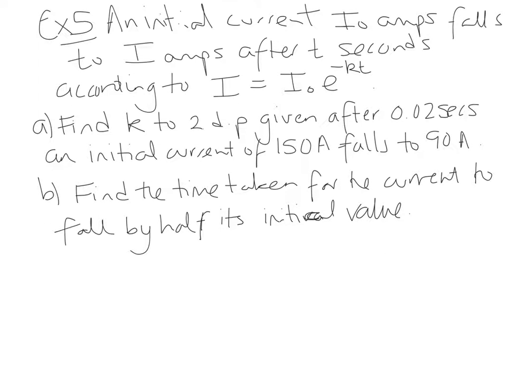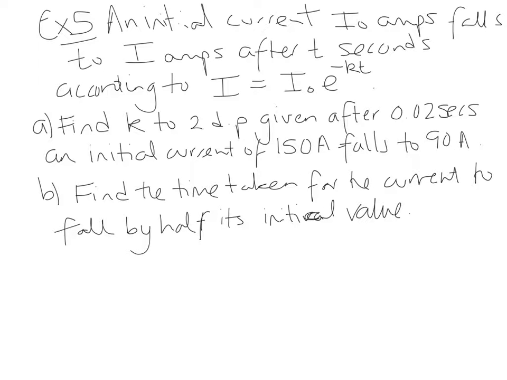Right, example 5. An initial current of I0, which is in amps, falls to I in amps after t seconds. And the formula would be I is equal to I0 times e to the power negative kt. We're asked to do two things.